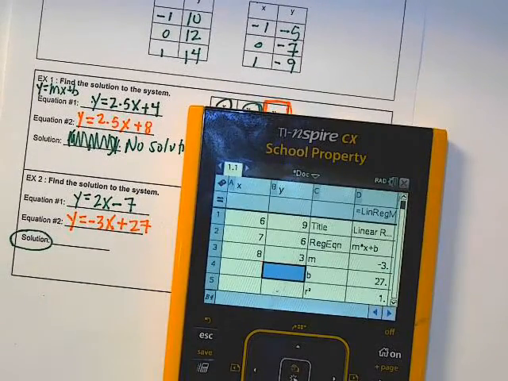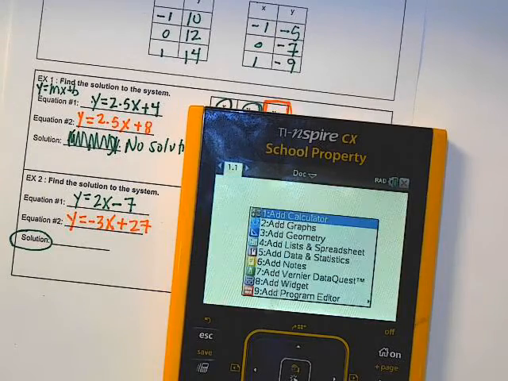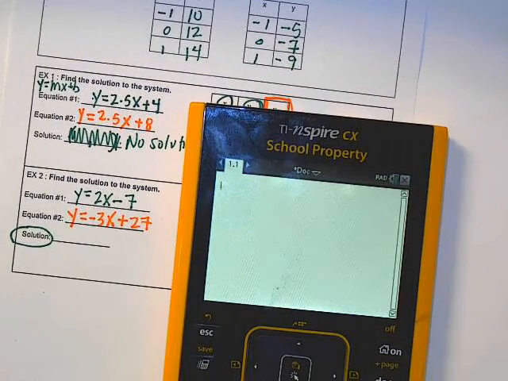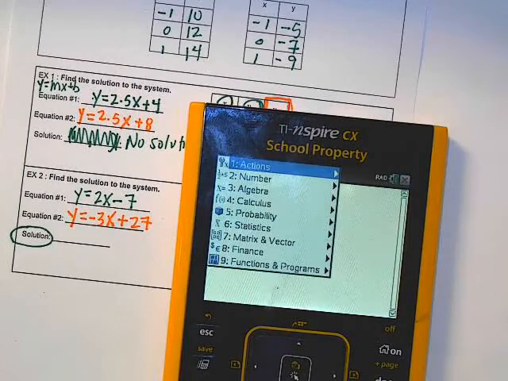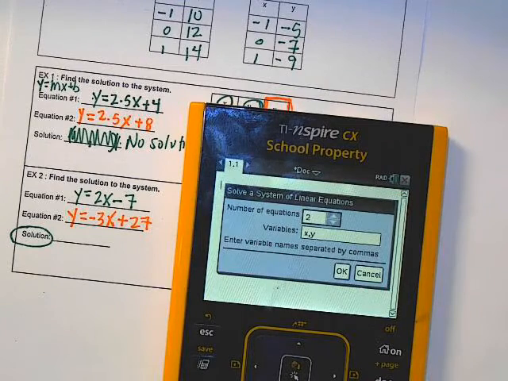Now what? How do I go from this to the solution? The systems and the calculator. So everybody do it. Regular calculator mode. And I'm going to go to menu, algebra, solve system. How many equations do I have? 2.